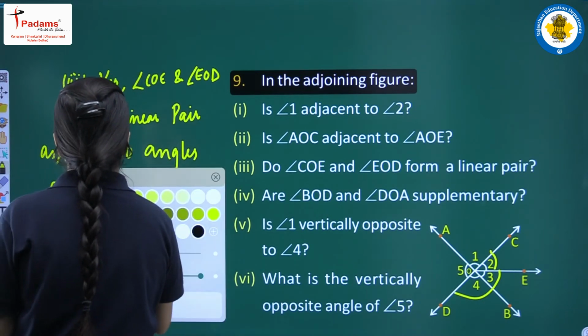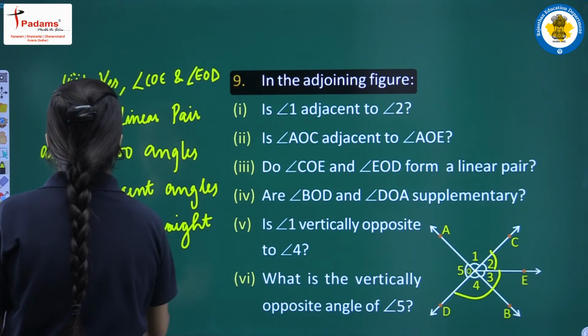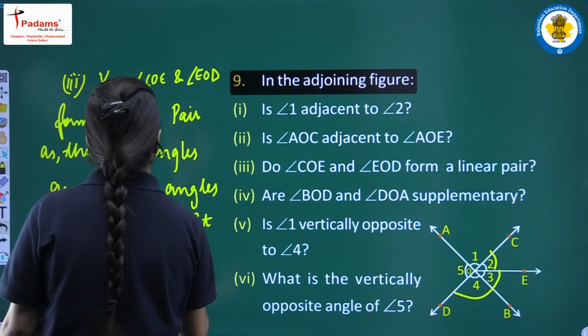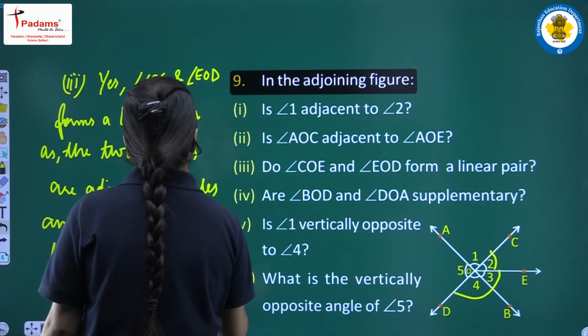So angle COE plus angle EOD is equal to 180 degrees.